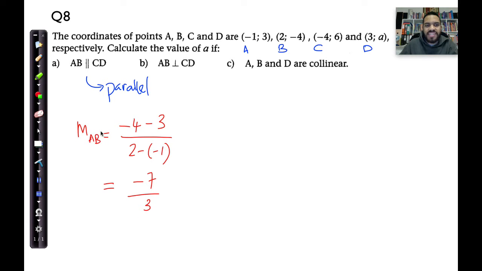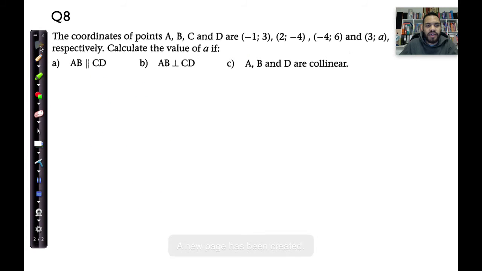Now, if that is m_AB, and CD is parallel to AB, there's something special about parallel lines. We didn't mention this before, but let's do it over here quickly. Let's see what parallel lines are.